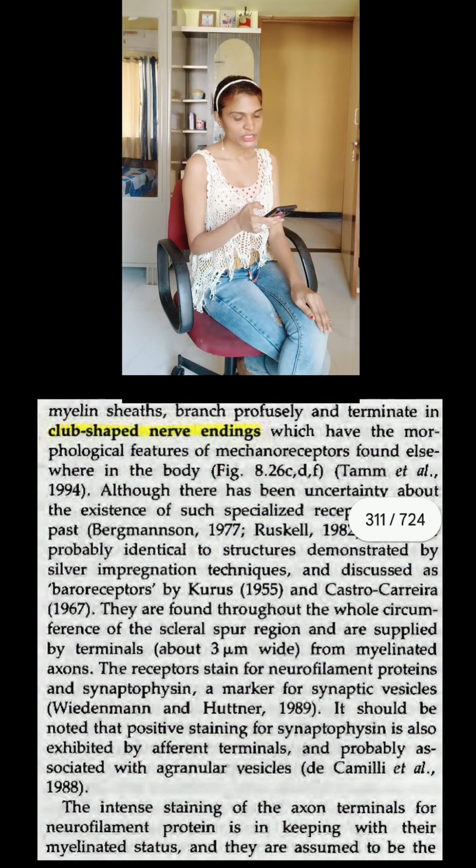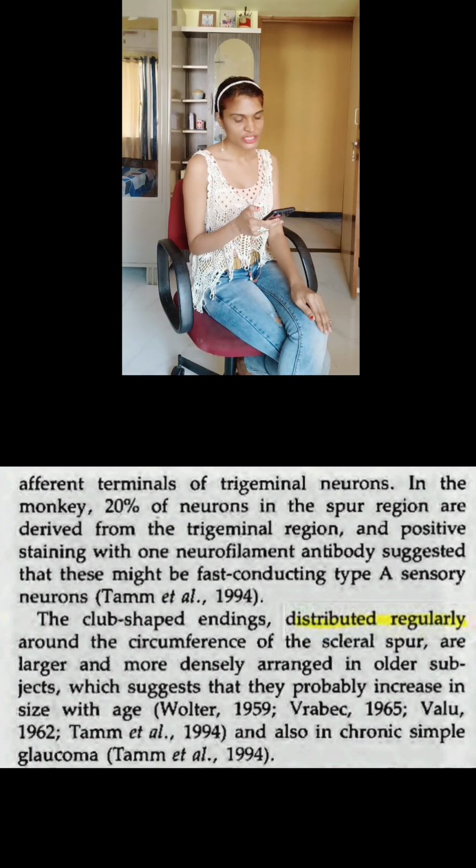It should be noted that positive staining for synaptophysin is also exhibited by afferent terminals and probably associated with agranular vesicles. The intense staining of the axon terminals for neurofilament protein is in keeping with their myelinated status and they are assumed to be the afferent terminals of trigeminal neurons.